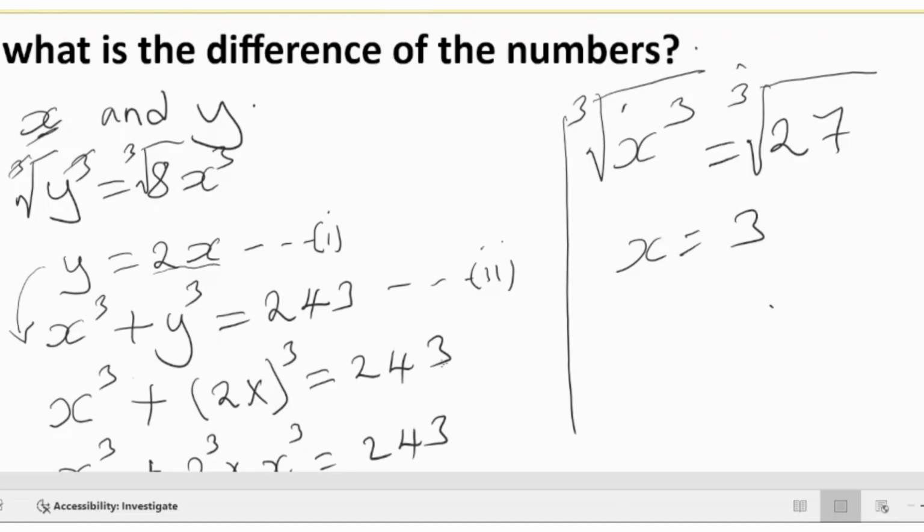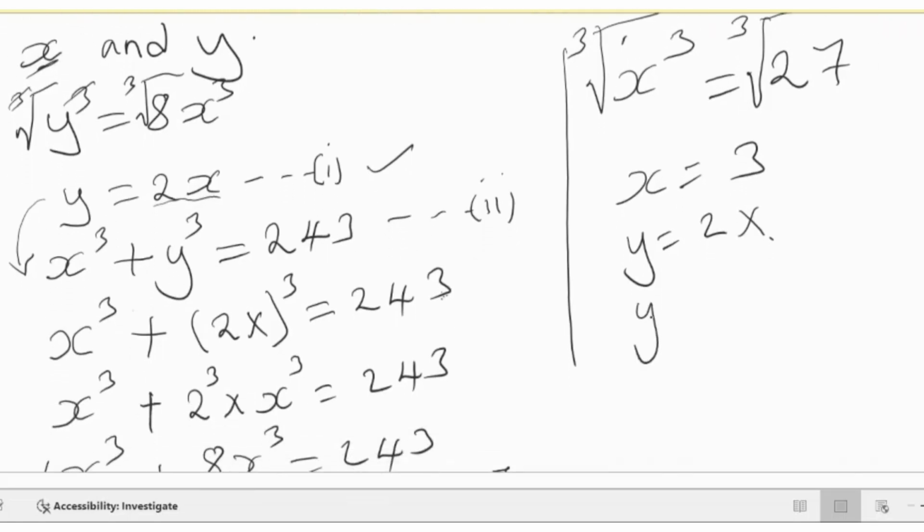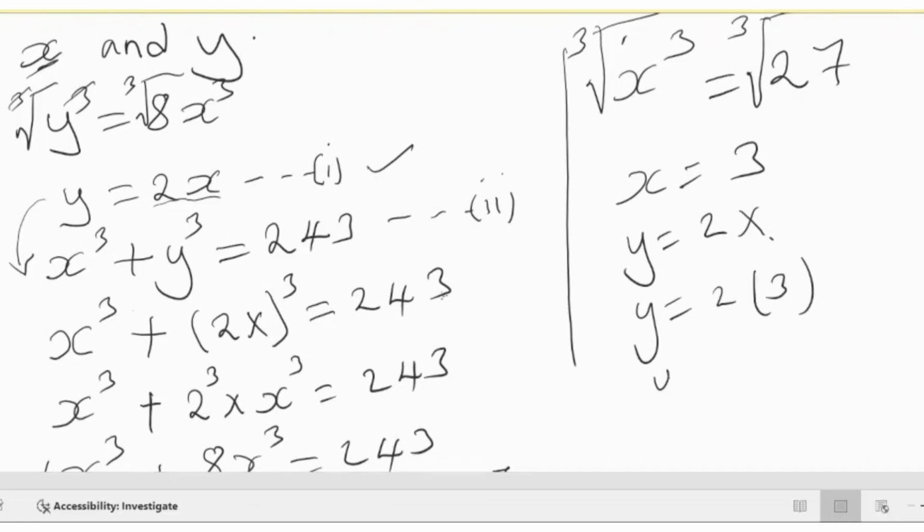And since we said from our first equation that y is equivalent to 2x, we can replace x with 3, and therefore y is equal to 2 times 3, and y will be equivalent to 6.